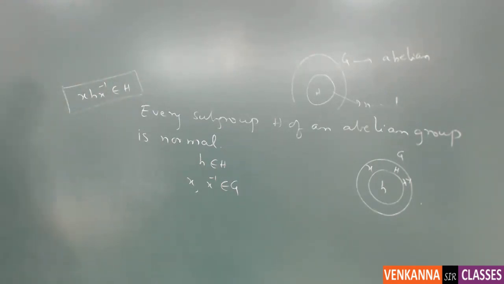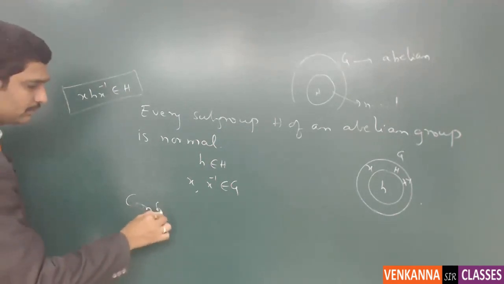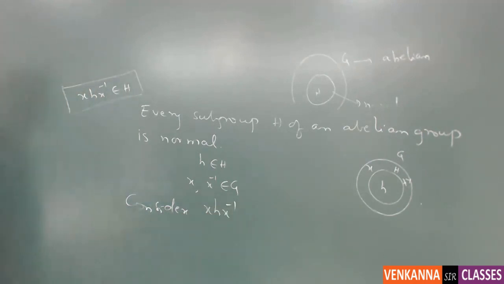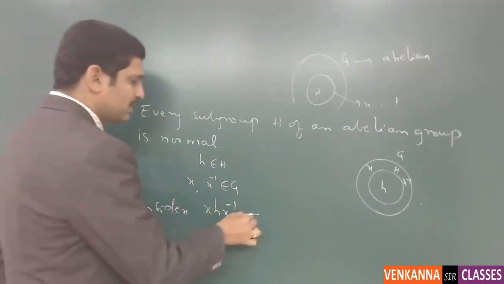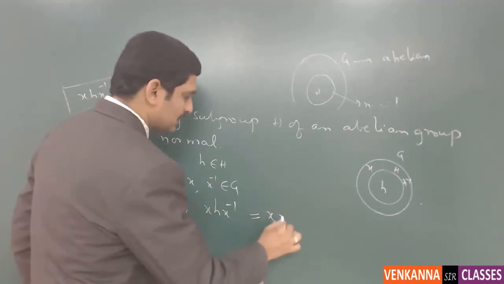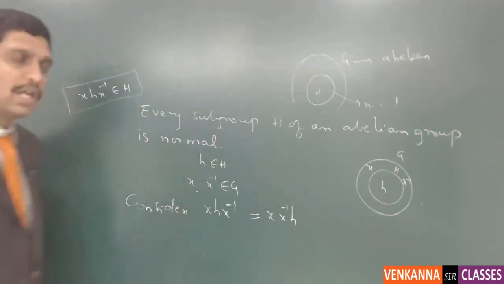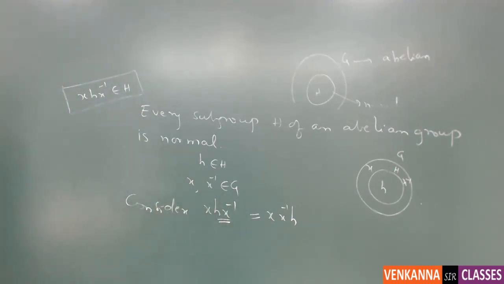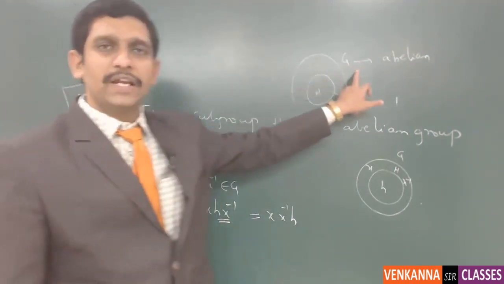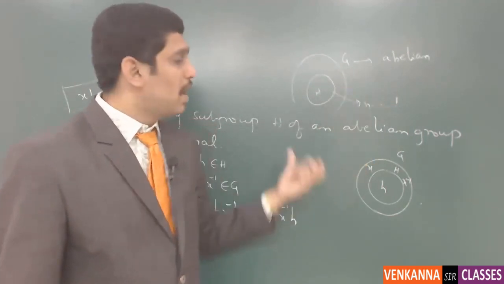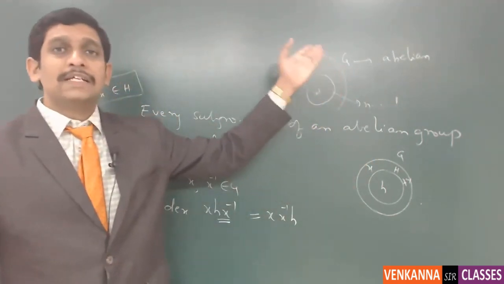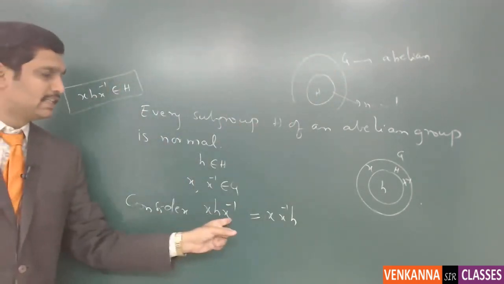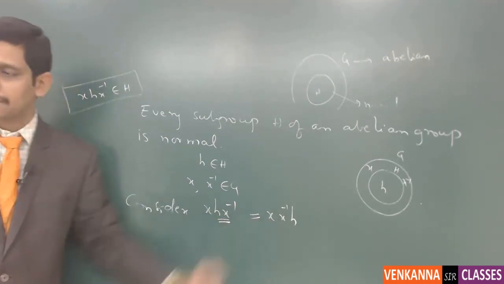Now consider the value x h x inverse. This can be written as h x x inverse, because for these two elements I have applied the commutative property, since G is abelian. All the elements belong to the group, and since it is an abelian group, the elements commute.